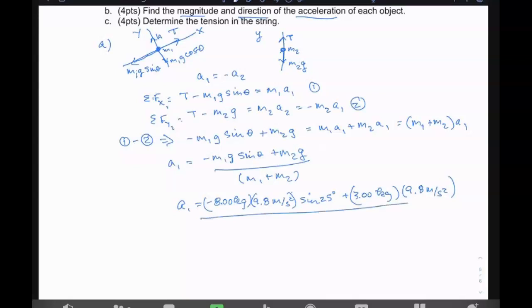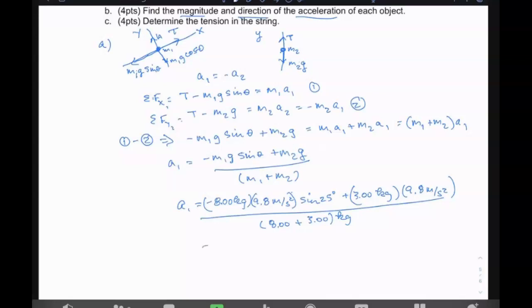And then we divide that by 8.00 plus 3.00 kilograms. Okay. And we see that there's kilograms in each term in the numerator and there's kilograms in the denominator. So the kilograms are going to cancel out. And we end up with units of meters per second squared.